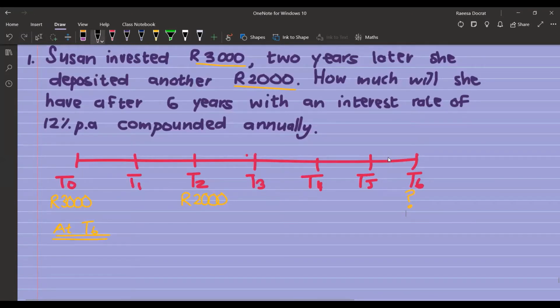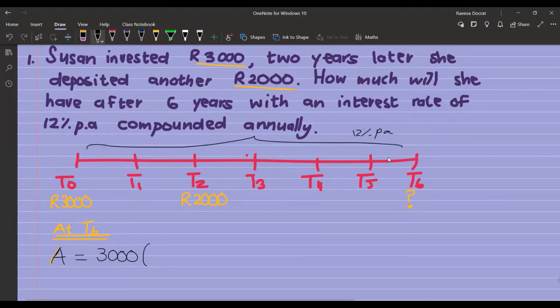So at the end, her accumulated amount is the 3,000 Rand. One thing that we forgot to add is that over this time, we had the same interest rate, which is 12% per annum, compounded annually.